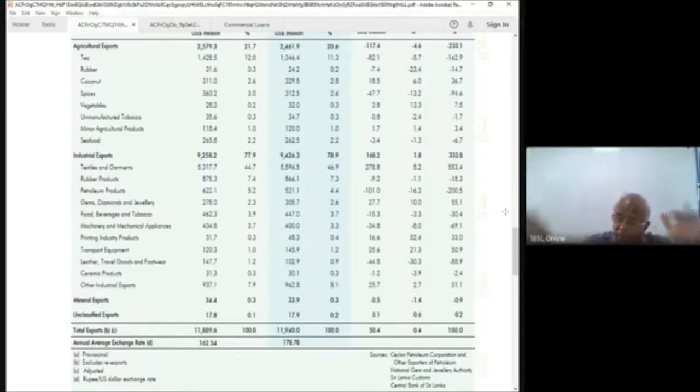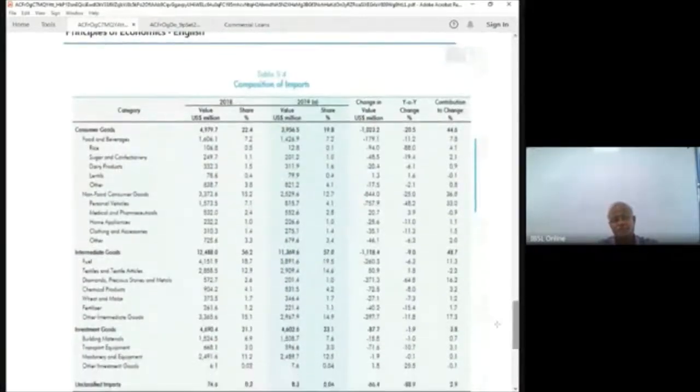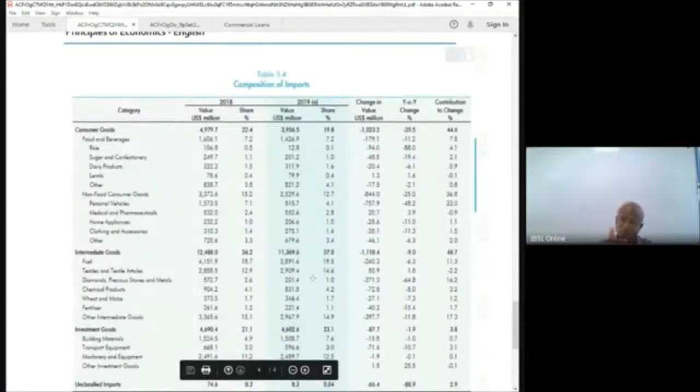Real value addition, because when you import, money goes out. You sell the finished product for 5.6 billion, but the import cost is around 2.9 billion. So you can see the value addition: final value minus the material input. If you take output, it is huge.